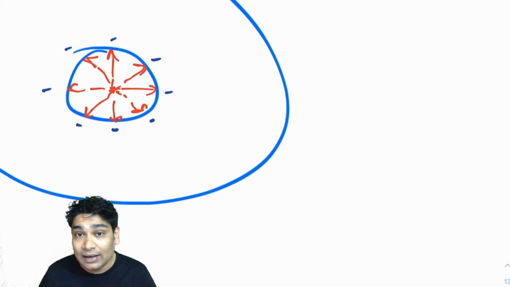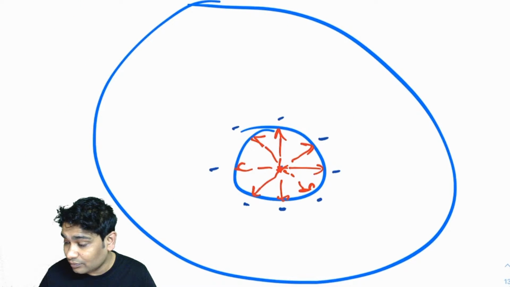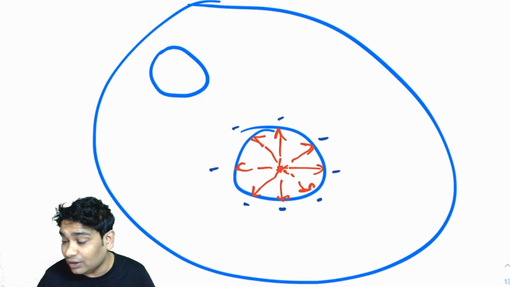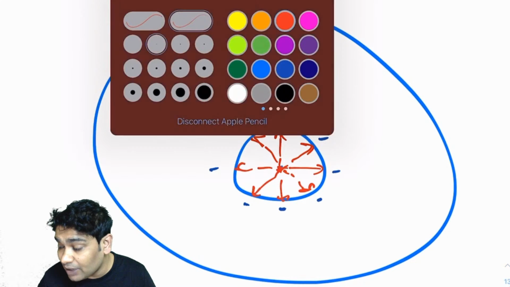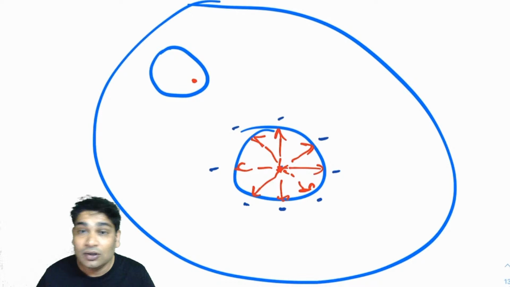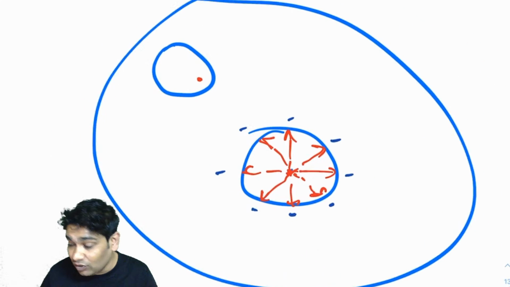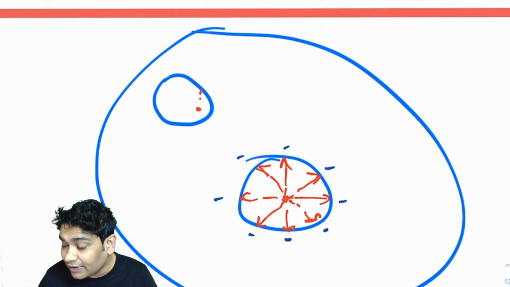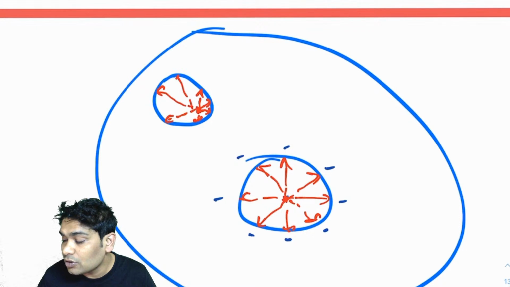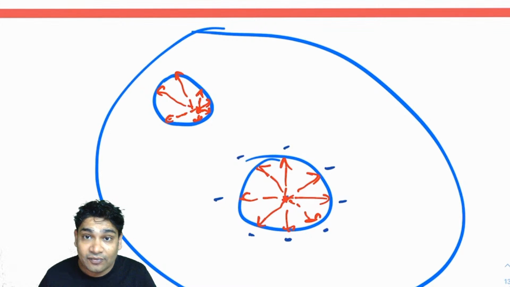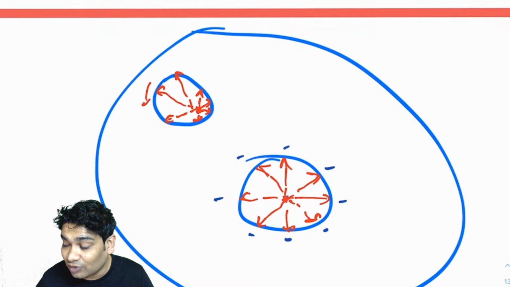Alright, let's take another case. I have a similar cavity here, but imagine here I am keeping the positive charge somewhere near one of the edges. Then what happens? Let's see. The electric field that this charge is creating will be denser at a point lying closer to it, and the density of these field lines would be lesser at points which are farther from it.